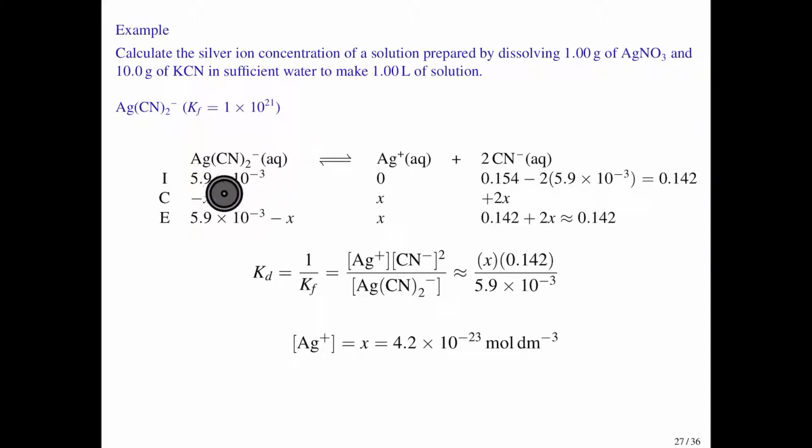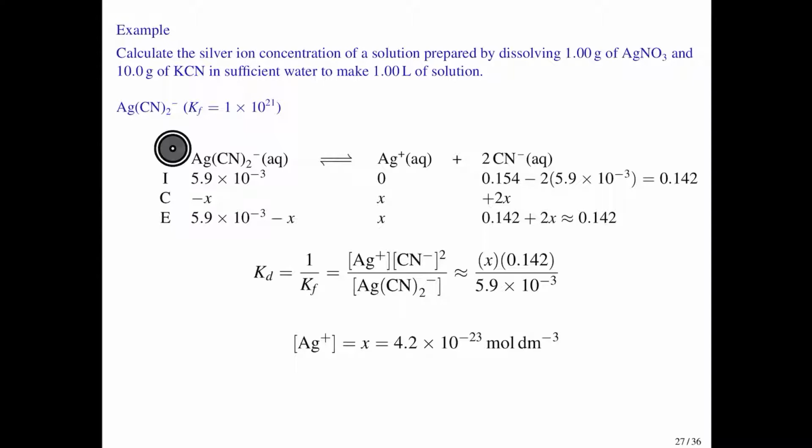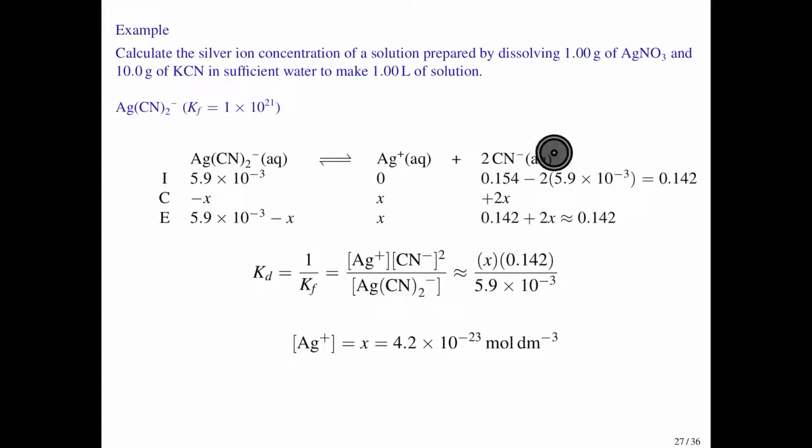Based on the stoichiometry, that's going to be 2 times the number of moles per liter of the compound itself, because there are 2 moles of cyanide in there for every 1 mole of the complex ion. So I subtract off 2 times 5.9 times 10 to the minus 3, which gives me a starting concentration of cyanide of 0.142. So the tricky parts are really in this first line of the ICE table, figuring out what the initial concentrations are.